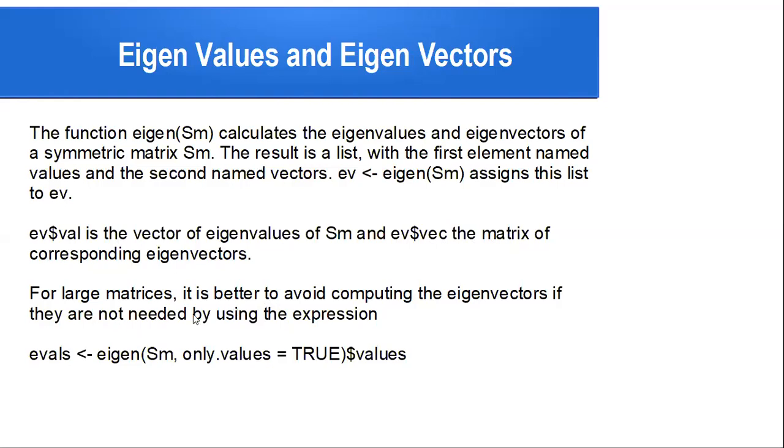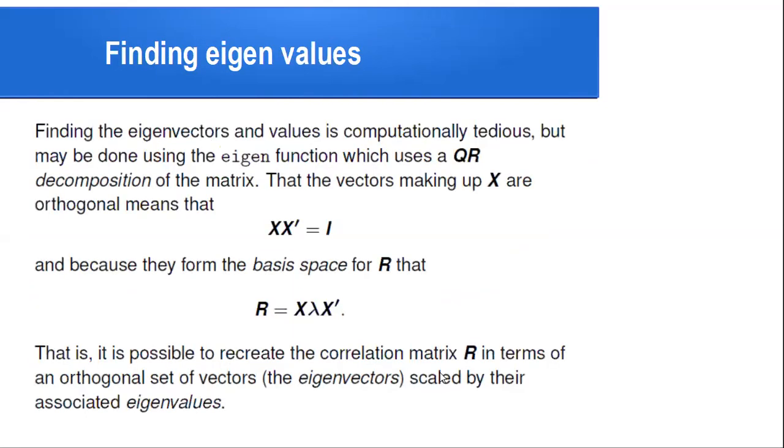Okay, for a large matrix it is better to avoid computing the eigenvectors if they are not needed by using the expression for eigenvalues only. Finding the eigenvectors and values is computationally tedious but may be done using the eigen function.